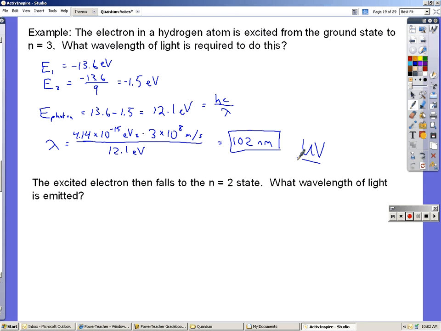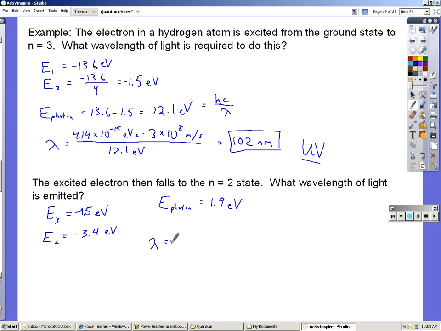And the excited electron, which starts out in the third energy level, then falls to the second energy level, which has an energy of negative 3.4 eV. And so that means the photon energy that's emitted is the difference between those two levels, which is 1.9 electron volts.